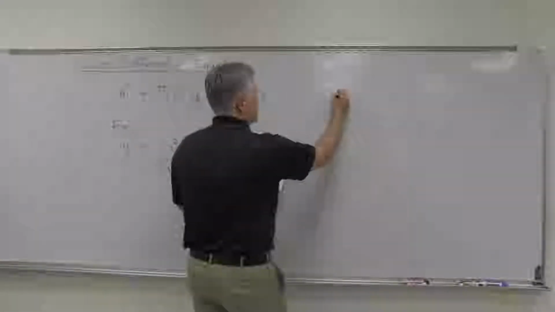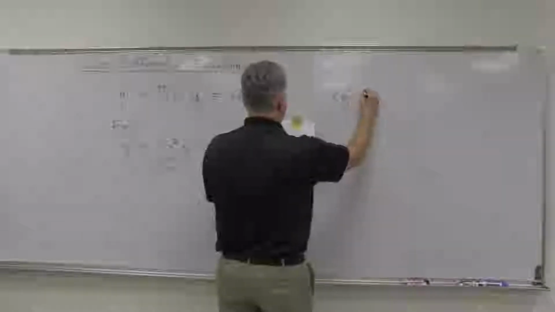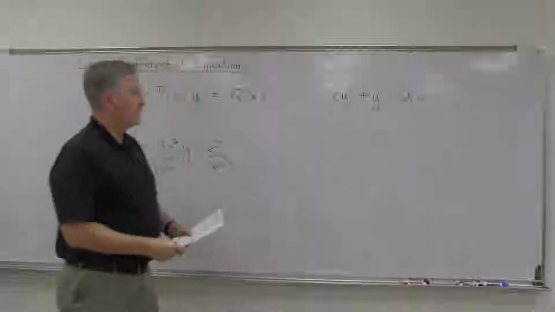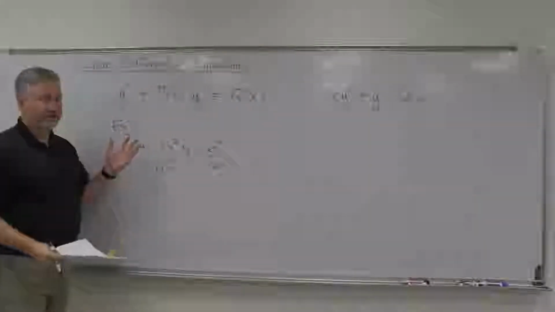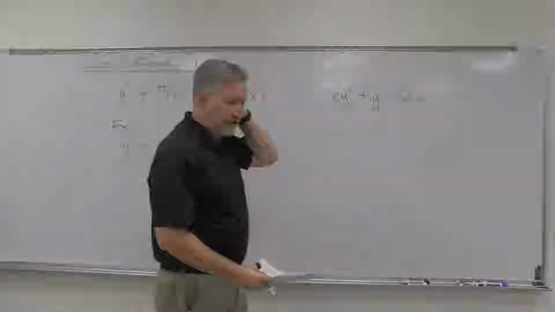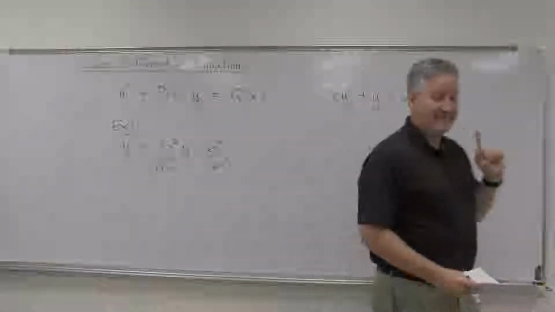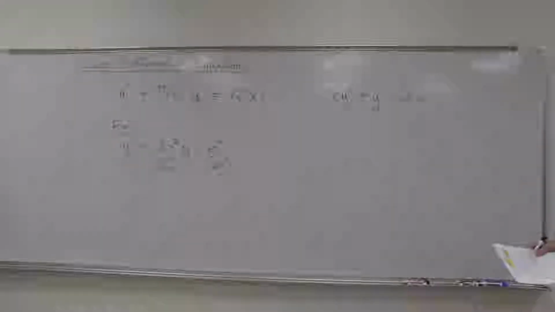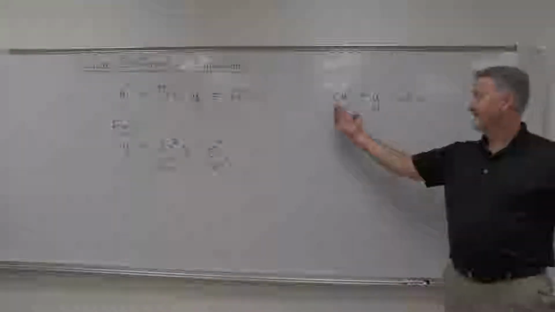Now on this one, it looks fairly obviously to be a linear differential equation. However, it is not in the standard form that we want, because why? Why is that one not in the proper form? You've got an x here.